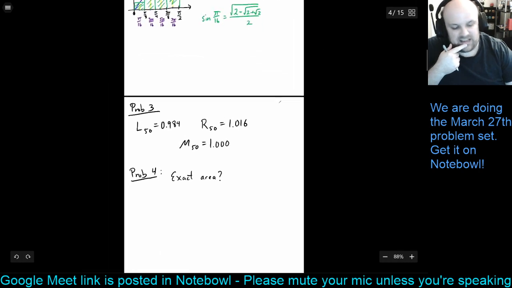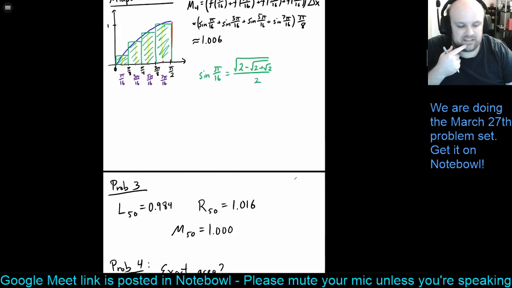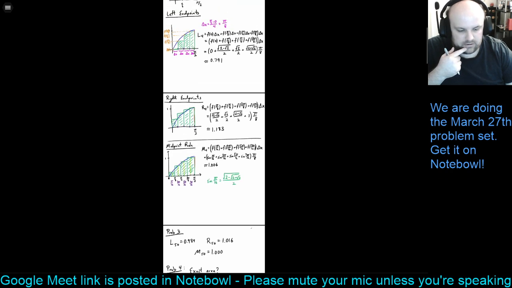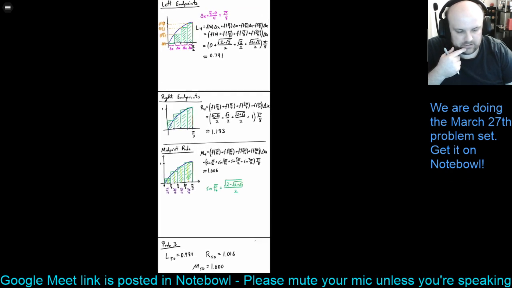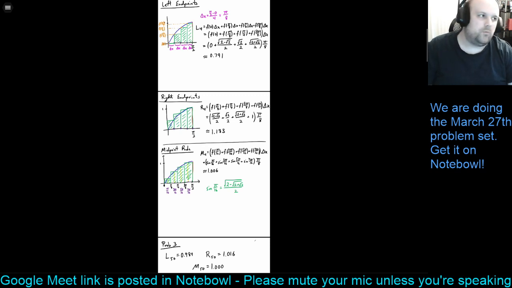In fact, let me even ask, what do you think the actual area under this curve is going to be? Here's the 4 rectangle numbers. Here's the 50 rectangle numbers. What do you think the actual area from 0 to pi over 2 is? These give any kind of hint? Yeah, so it actually is 1.